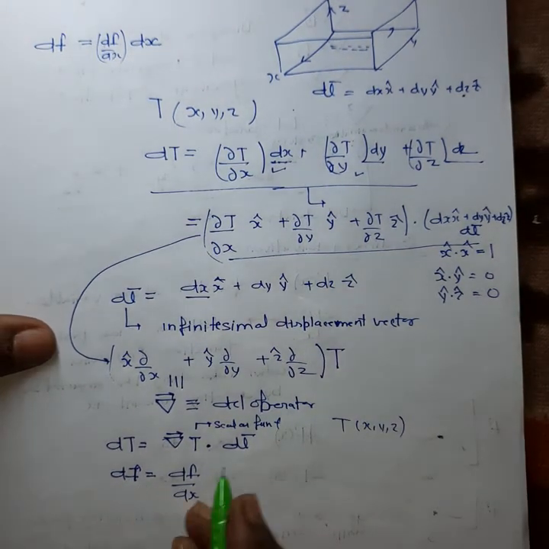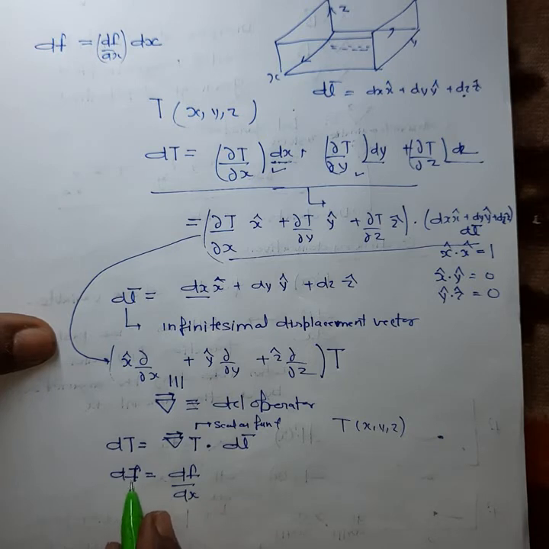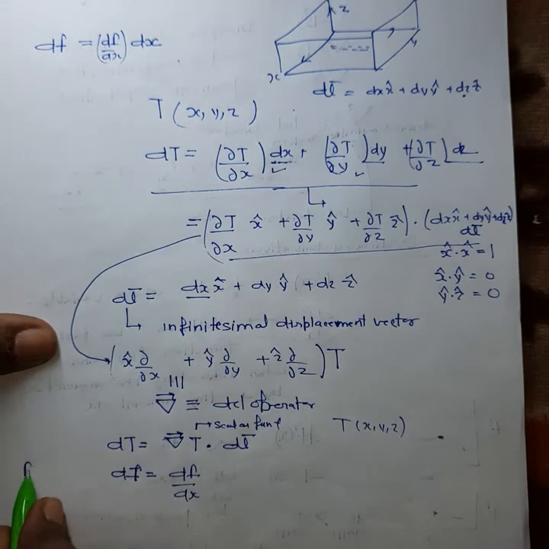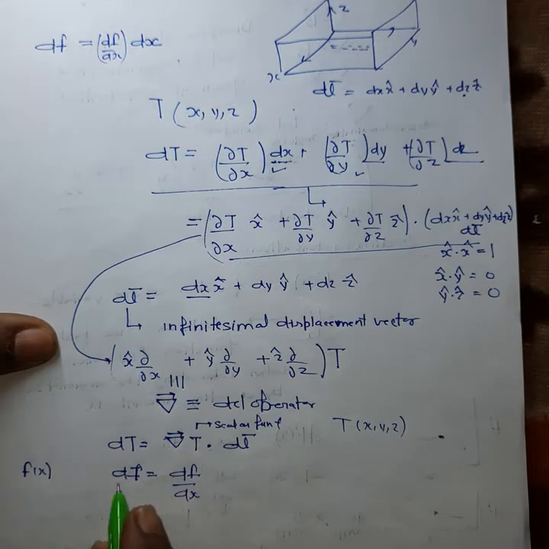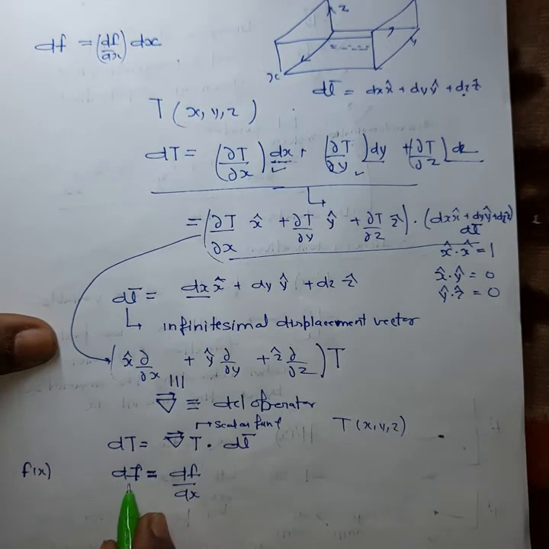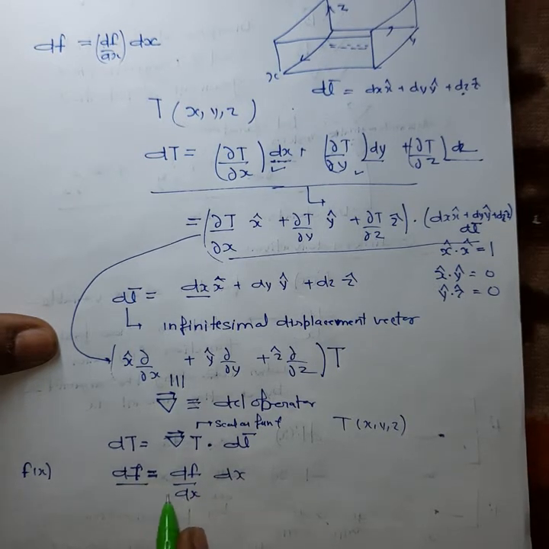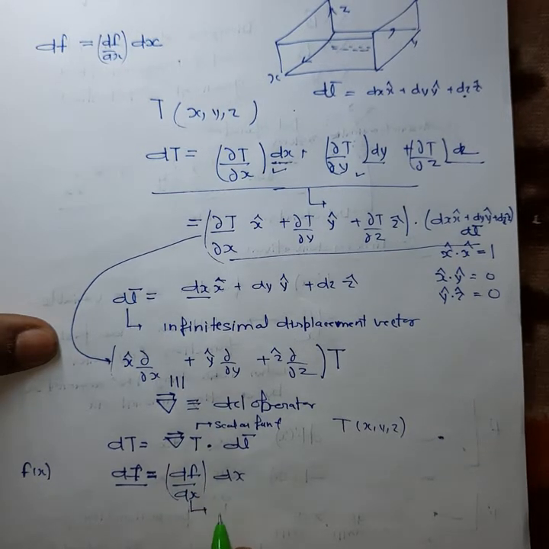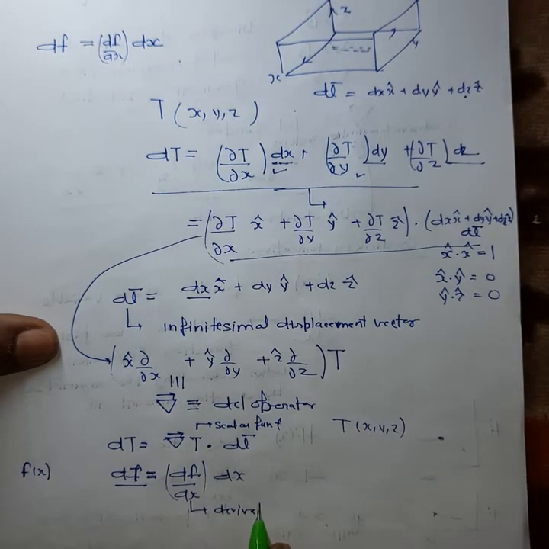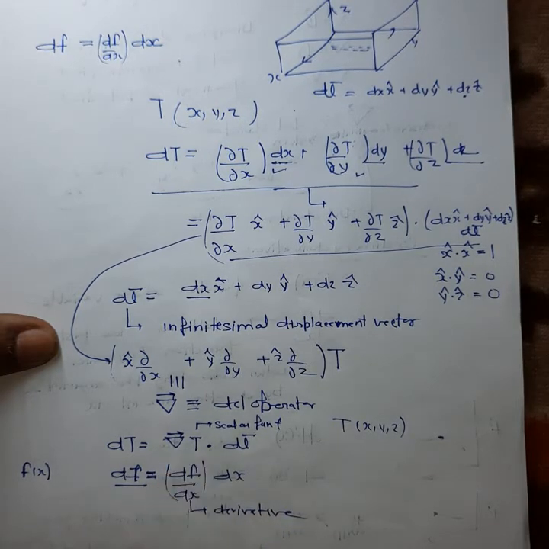In the case in which f was the function of only one variable, for an infinitesimal change along the x dimension, the change in f is given by df, and df is equal to df by dx multiplied by dx. So this was defined as the derivative of f.